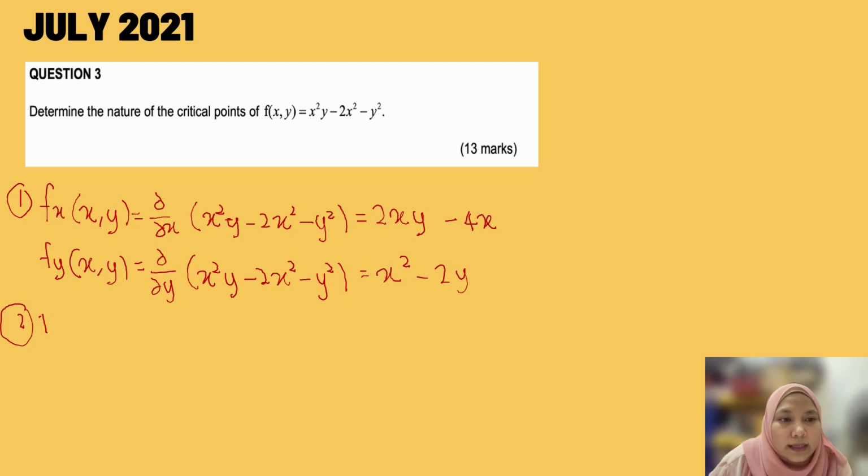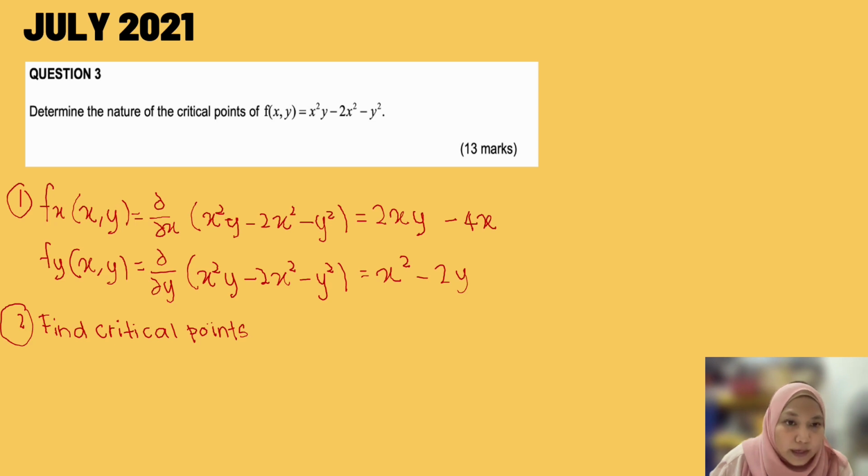Find critical points. So how to find critical points? We will let these two partial derivatives be equal to 0, and then we will solve simultaneously. So for the first part, we have our fx.